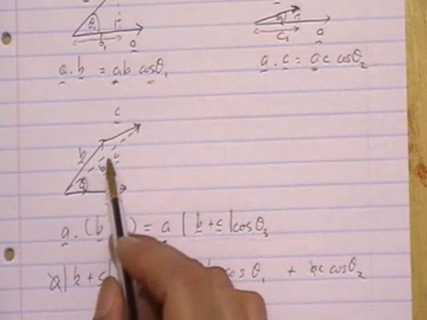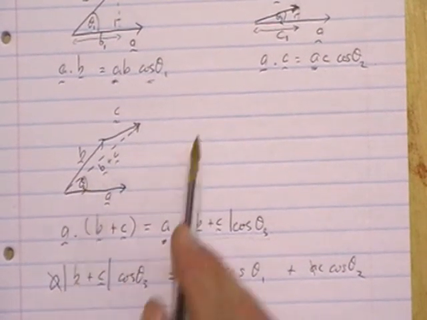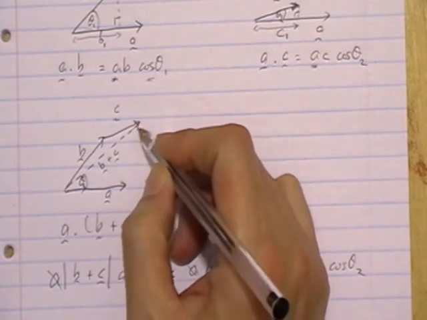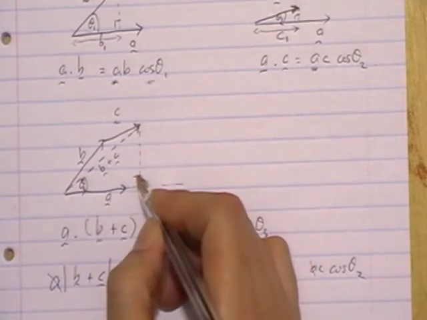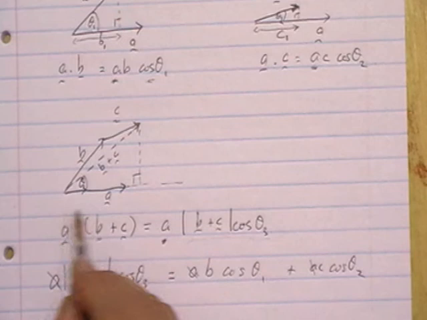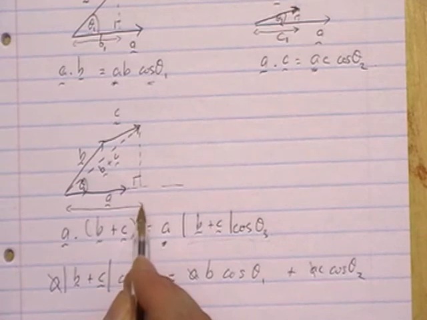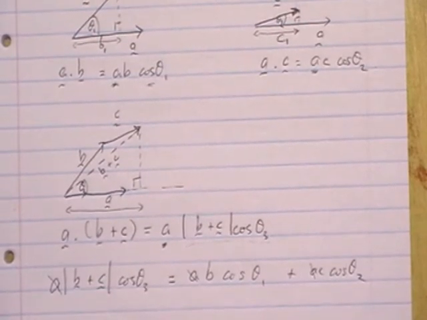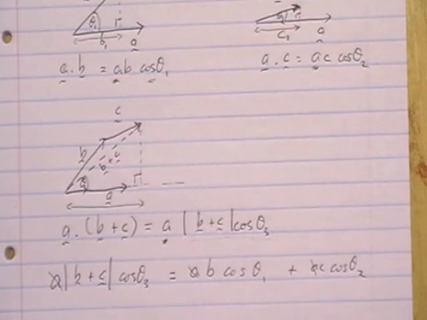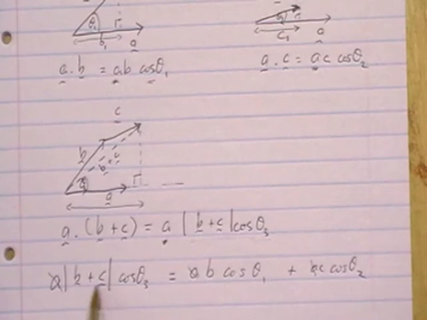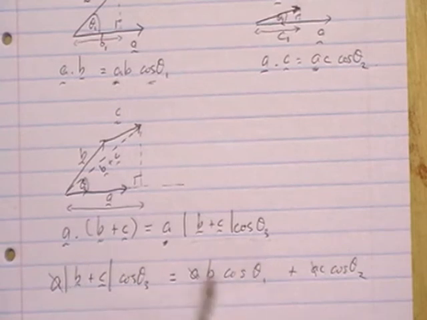The length of b plus c, multiplied by the cosine of this angle, should be equal to the component of this length along A. Meaning, if I draw a right-angled triangle like that, it would be this length. So that's the physical meaning of this. So now we have physical meanings of this, this, and this.